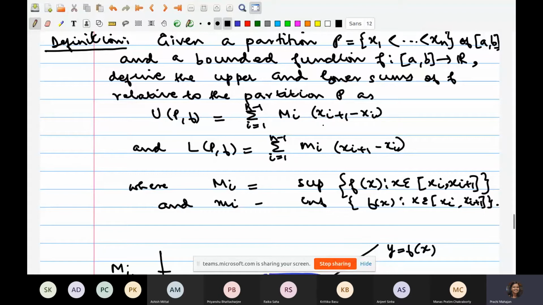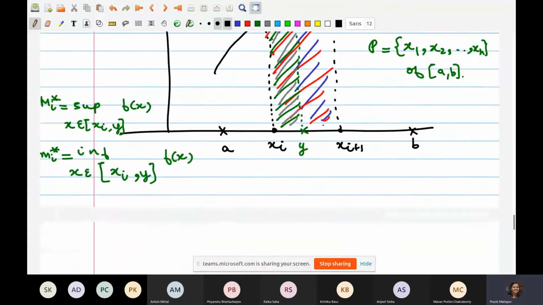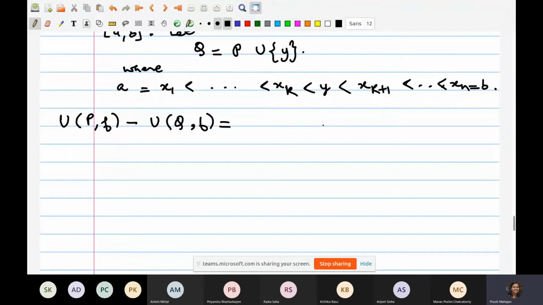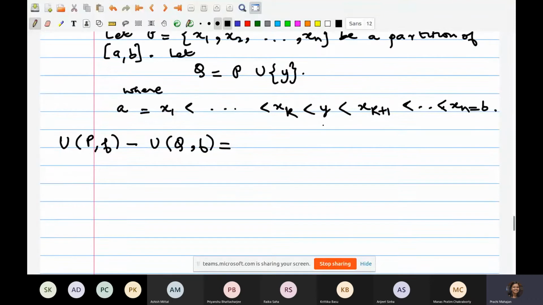So when I'm taking the difference between the upper sum corresponding to the partition P and the upper sum corresponding to the partition Q, since Q has just one more point than the partition P, all other terms in the sum vanish except for those coming from the kth subinterval.